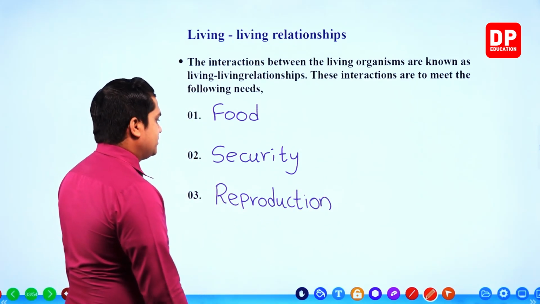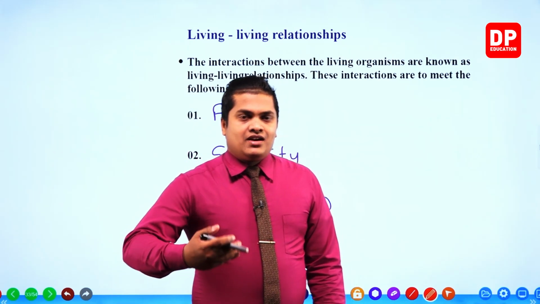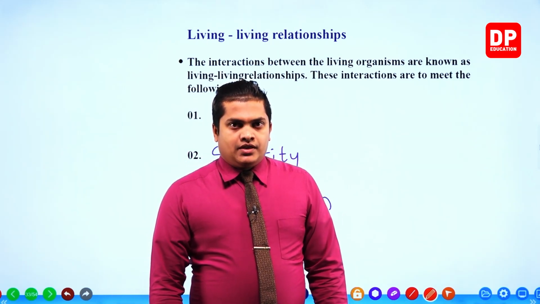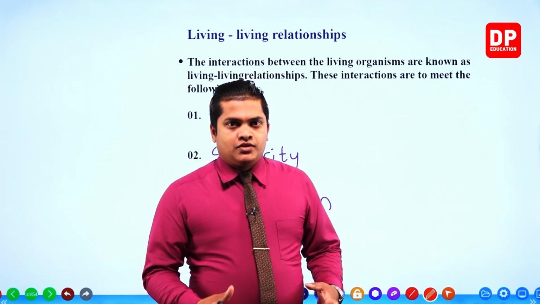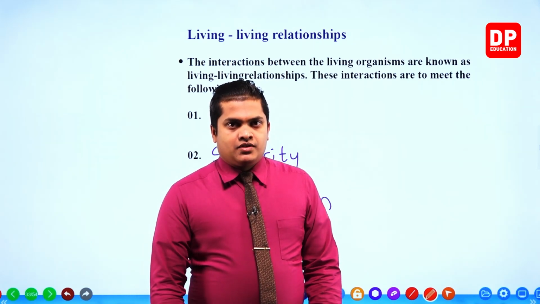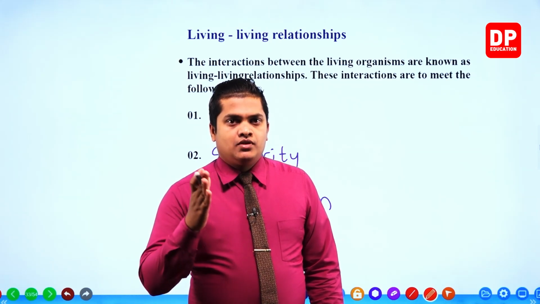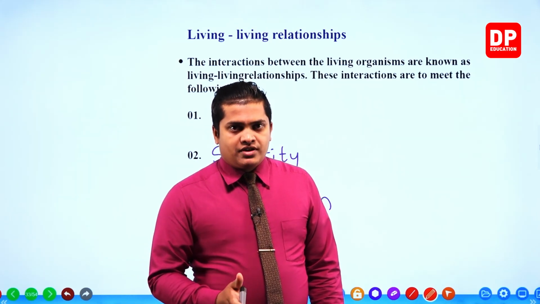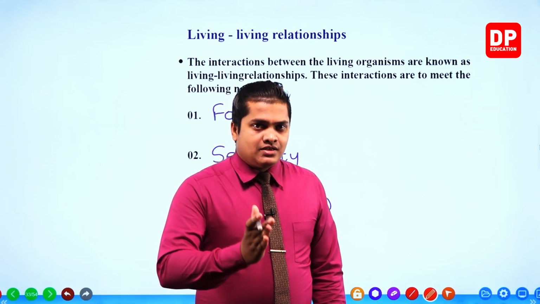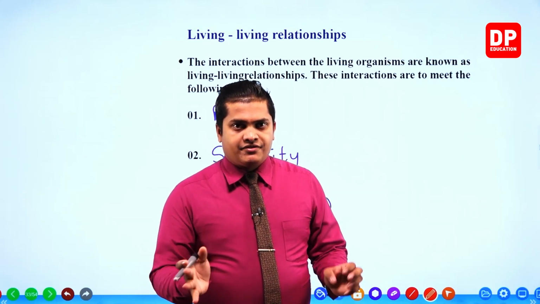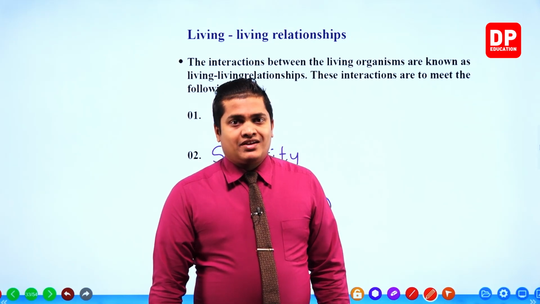Right, reproduction. So, finding their mates, suitable partners in order to reproduce. In that case also, each and every organism shows some relationship with other organisms of the same species.